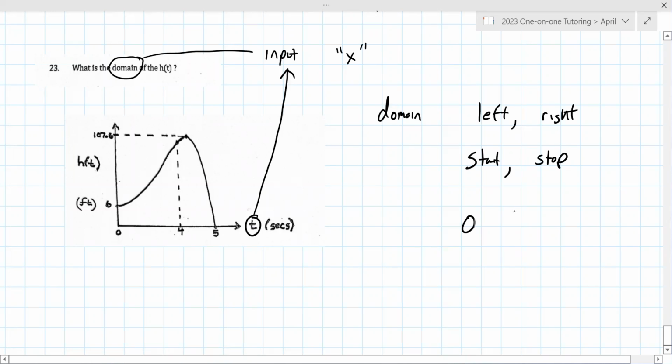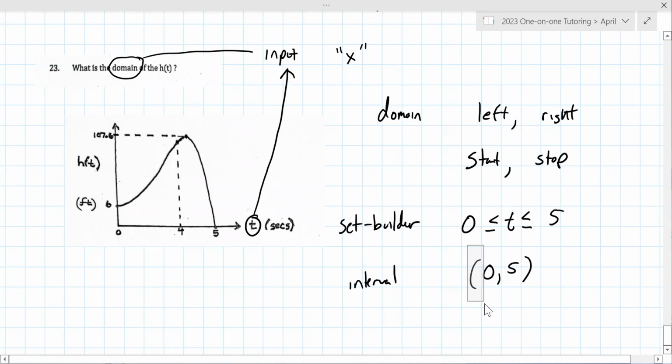5. Are you guys using set builder notation or using interval notation? I think we've learned both of them, but I think I forgot set builder. Okay. So interval is the better one to use because you're going to use that in the future.